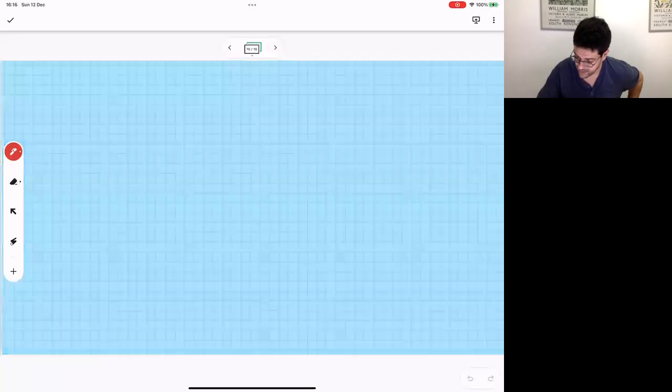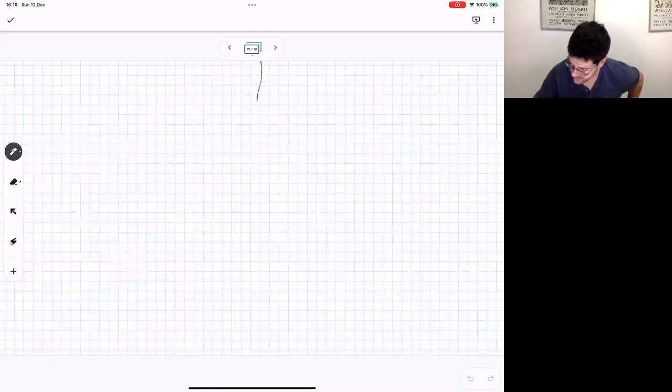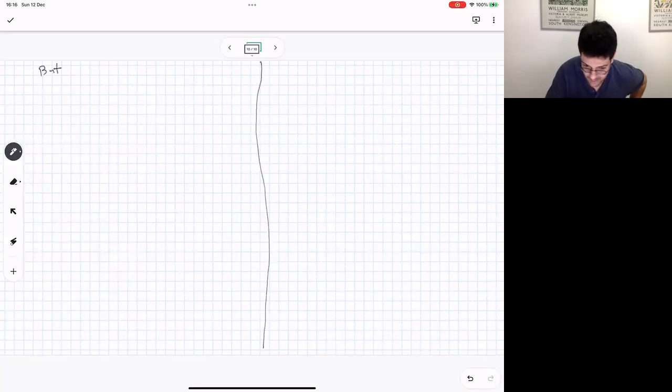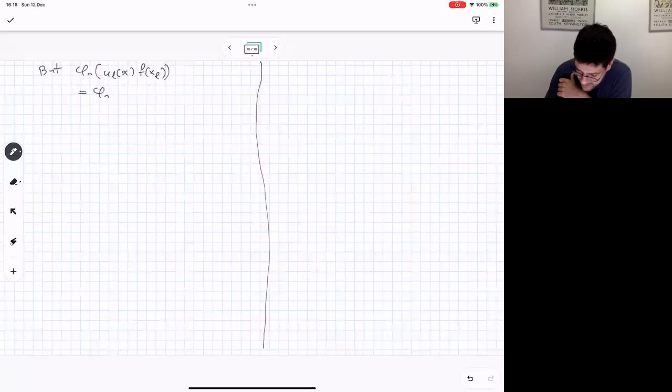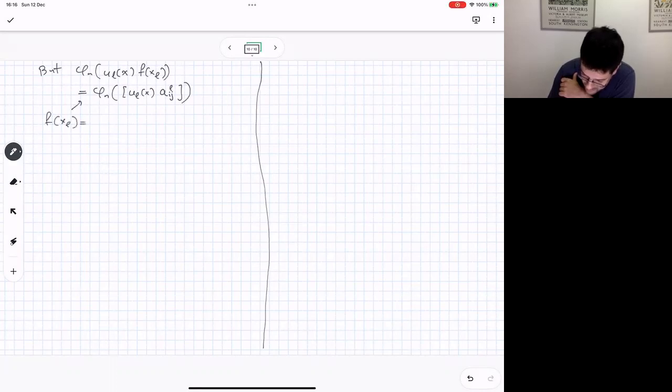So now I write the following thing. phi n of u_l of x times f of x_l is nothing but phi n of, so u_l of x is a number, and this is just a matrix, let us call this matrix f of x_l, a_ij^l. So it's greater than or equal to 0.